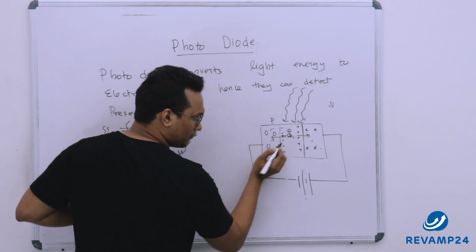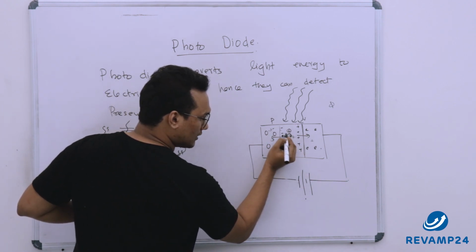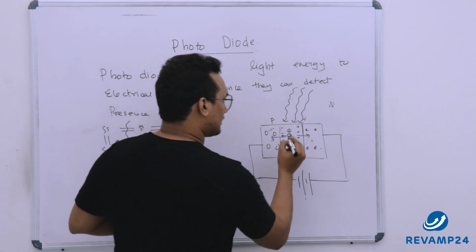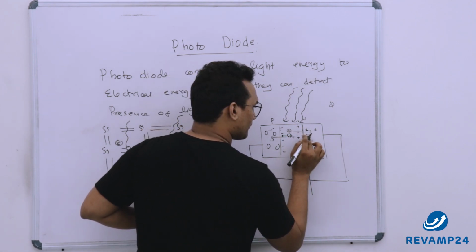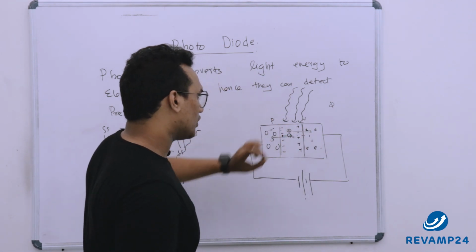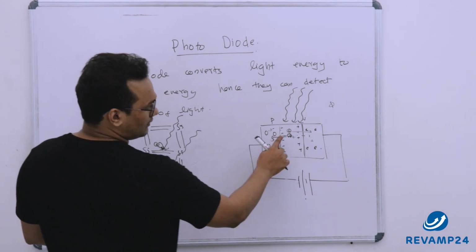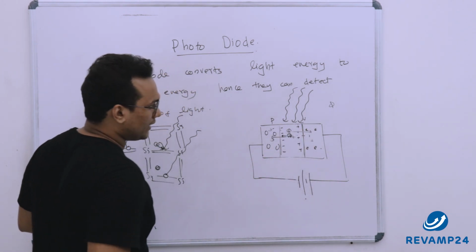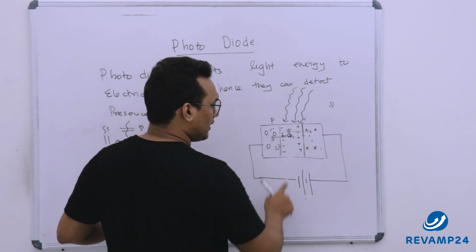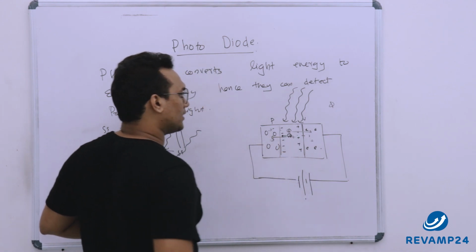Here holes are attracted by the negative potential, so holes will drift to here and electrons will drift here. So the moment electron holes are generated, these electrons are taken to N type semiconductor and holes are taken to P type semiconductor.